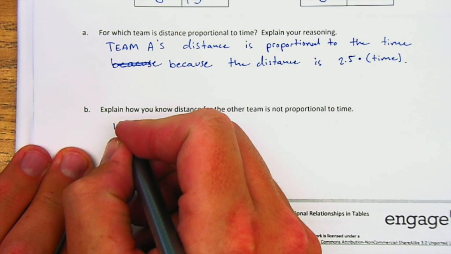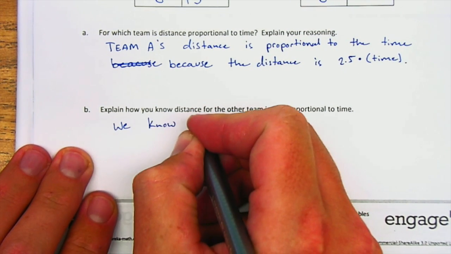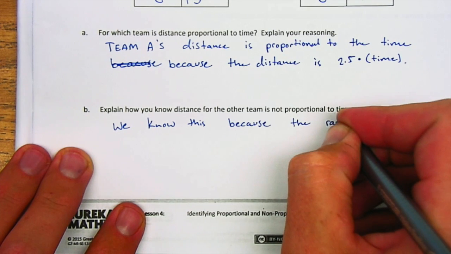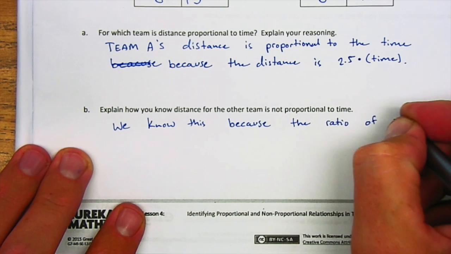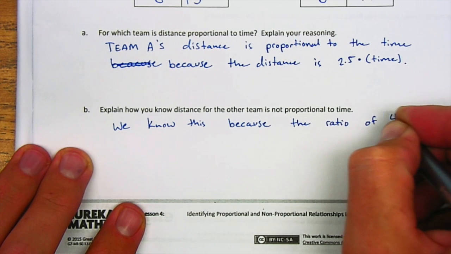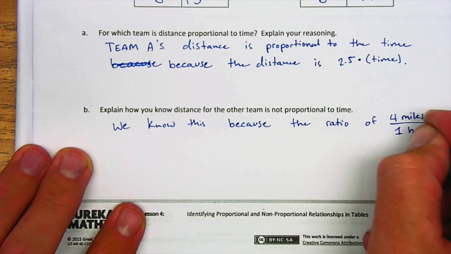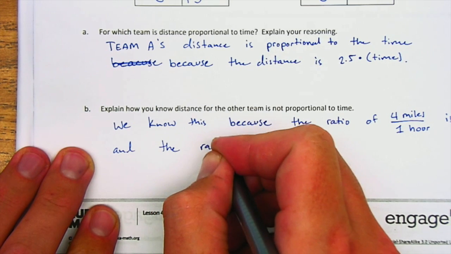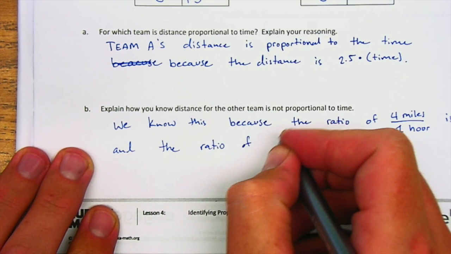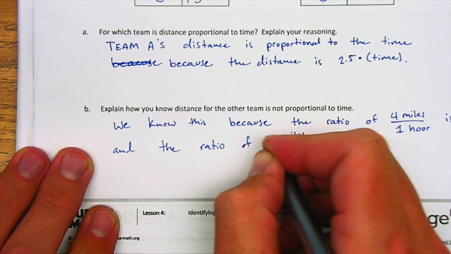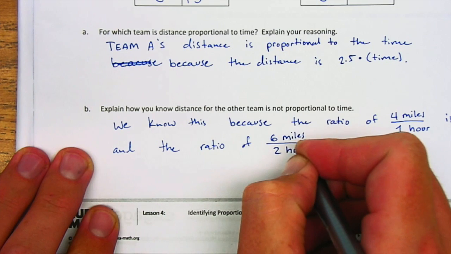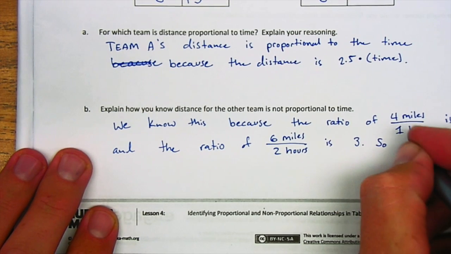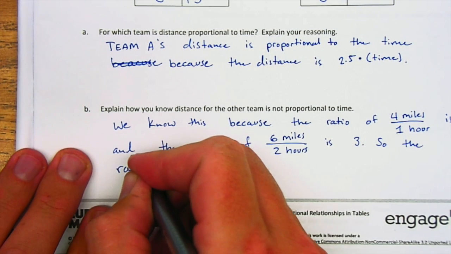Well, we know this because the ratio of 4 miles per 1 hour is 4, and the ratio of 6 miles per 2 hours is 3. So the ratios are not equal.